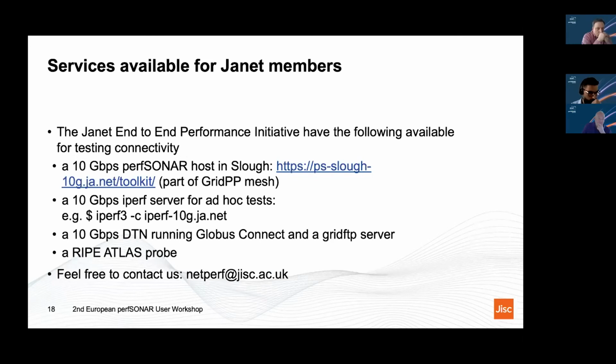So we provide services to GÉANT connected members as part of the end-to-end performance initiative. A summary of the services we provide includes the perfSONAR host that I mentioned, which is part of the GRIP-EP mesh, GRIP-EP being the UK part of the WLCG, and a 10 gigabit per second perfSONAR for ad hoc testing, which might still be desirable.